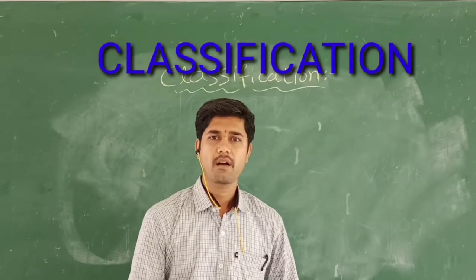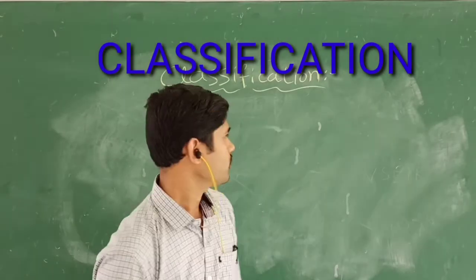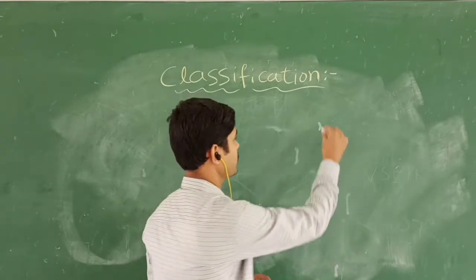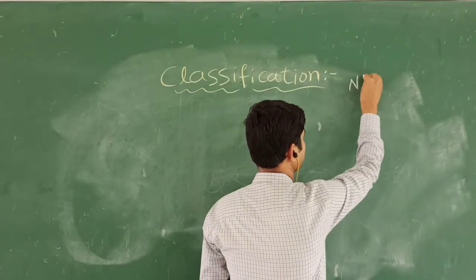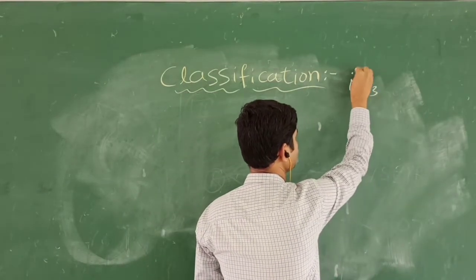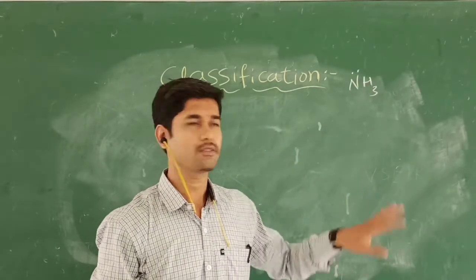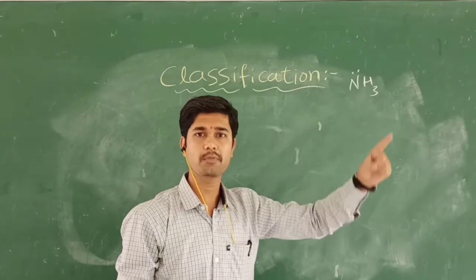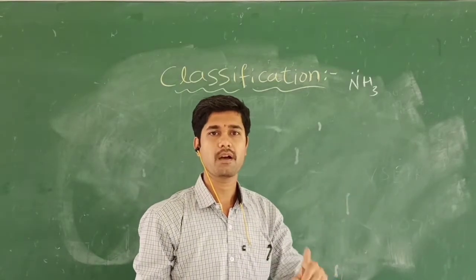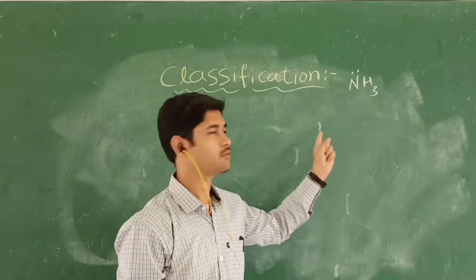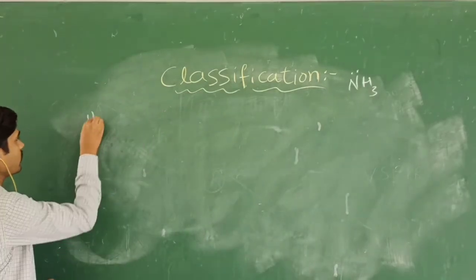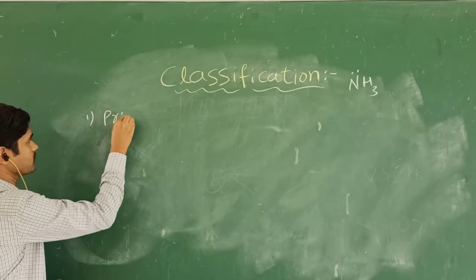Next, we see the classification of amines. As I told you, amines are the derivatives of ammonia. So based on the number of hydrogen atoms that are replaced by alkyl groups or aryl groups, we are going to classify them into three types. The first one is called primary amines.